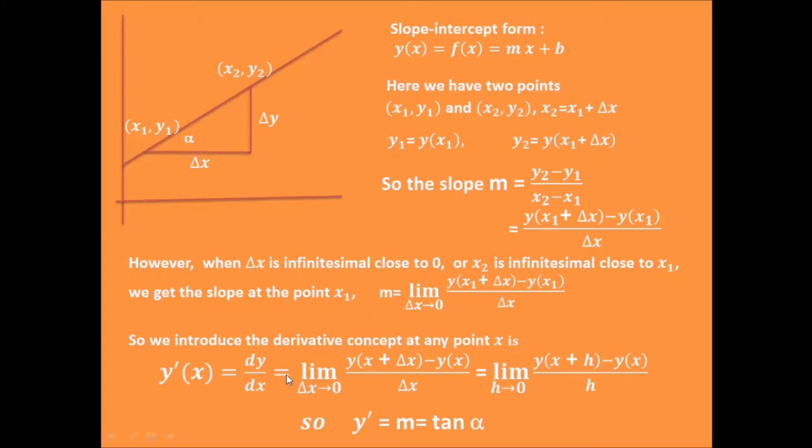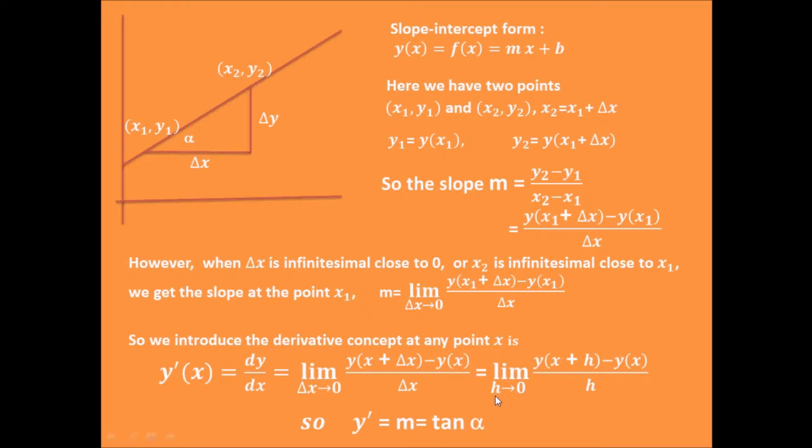So they equal the limit of the function value at x plus delta x minus the function value at x, divided by delta x, with delta x approaching 0, which equals the limit of the function value at x plus h minus the function value at x, divided by h, with h approaching 0.